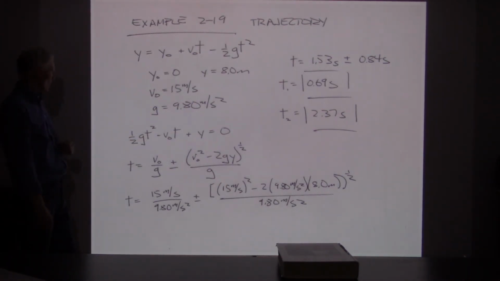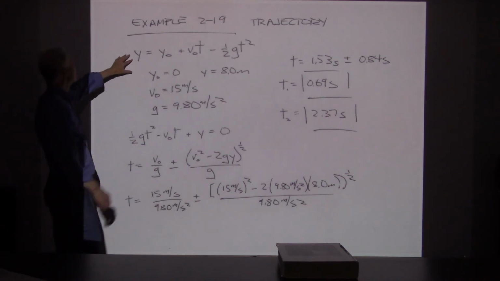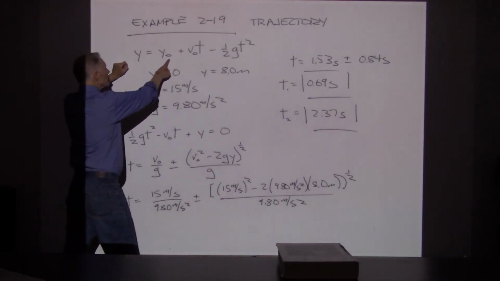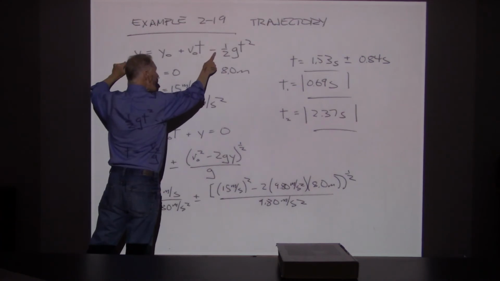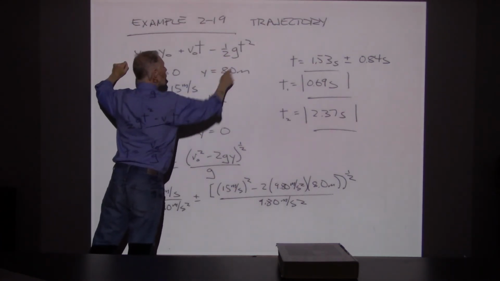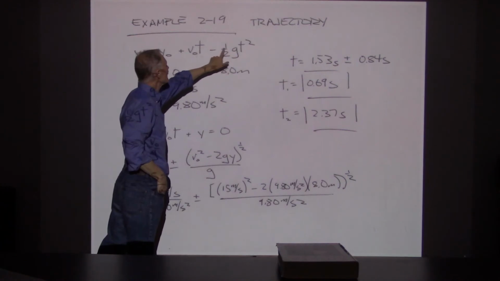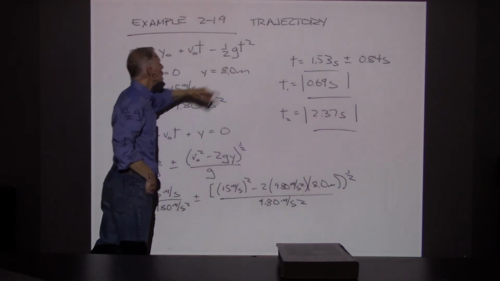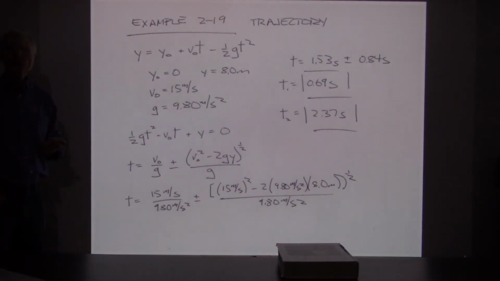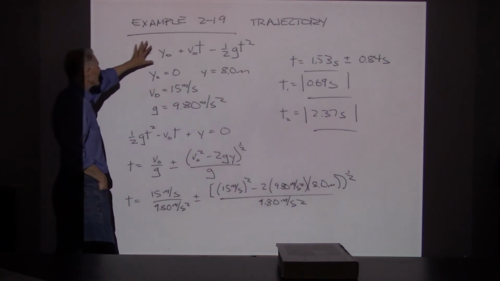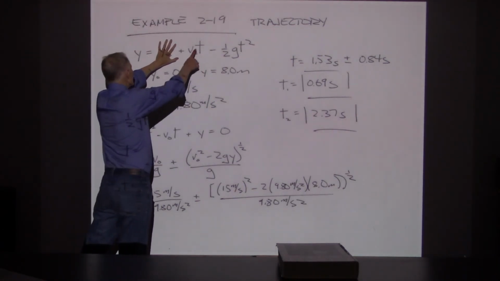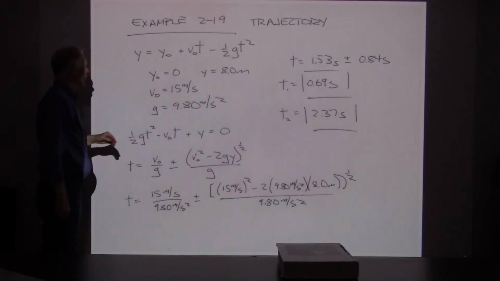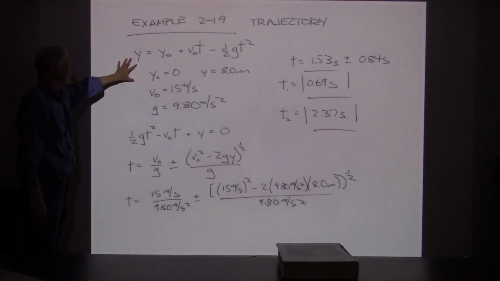Y is equal to y naught plus v naught t plus 1/2 a t squared, but since the acceleration is negative g, I put the negative sign here and I put the g there. g is Earth's gravitational field near the surface, also known as the gravitational acceleration. So this formula, now I got a 0 here, that's good news, but that is not a 0. And so I'm left with a quadratic.